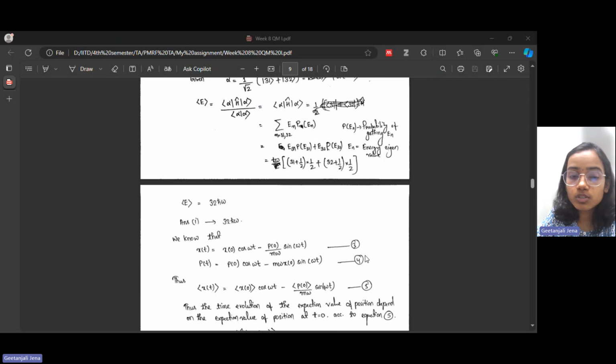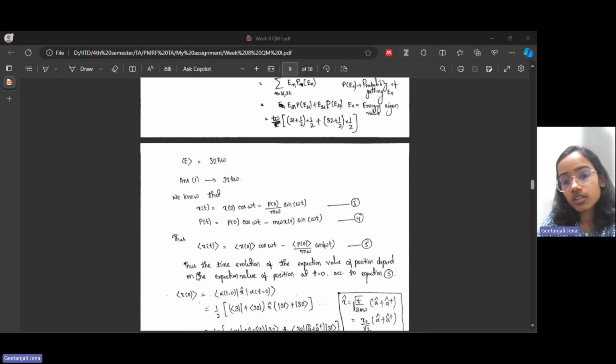So the time evolution of position you can write as x0 cos ωt minus p0 by mω sin ωt. Similarly, for the momentum operator, the time evolution is p0 cos ωt minus mω x0 sin ωt.